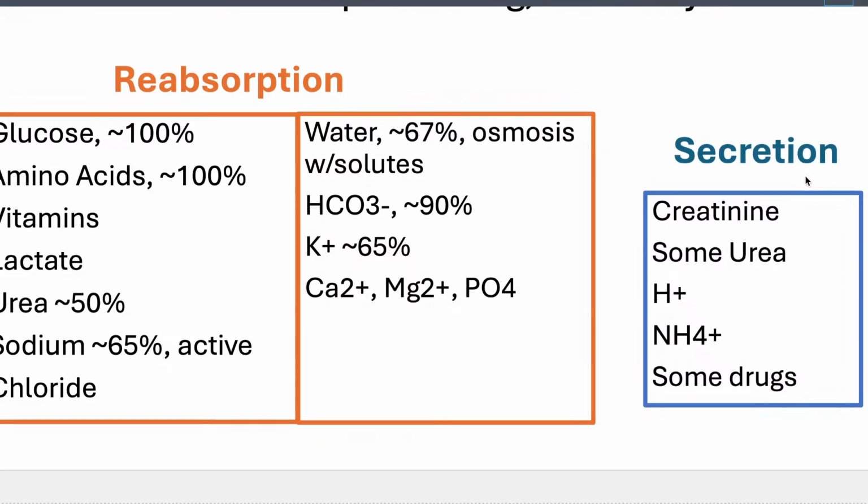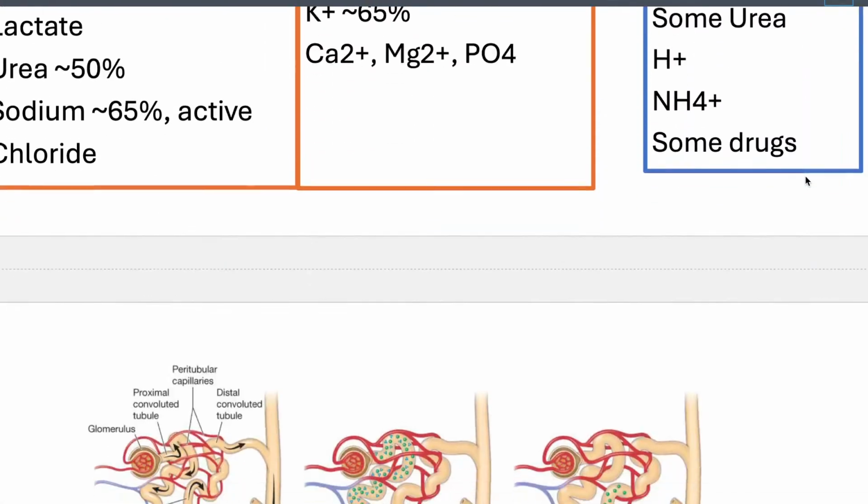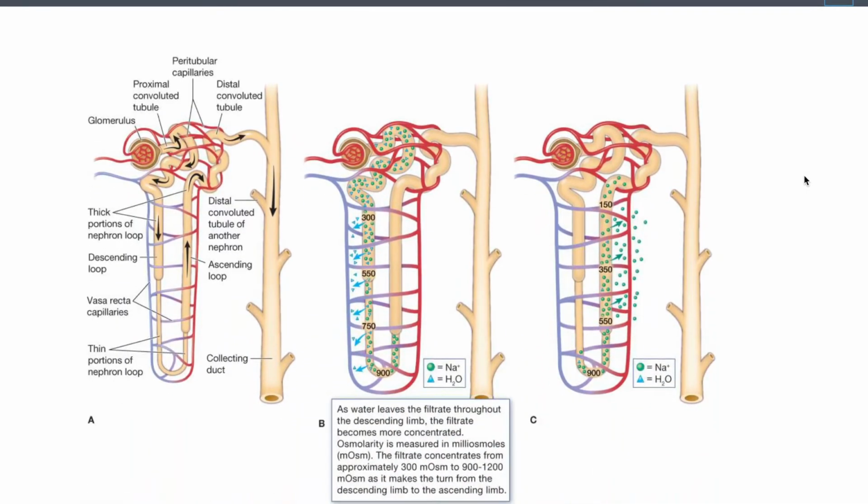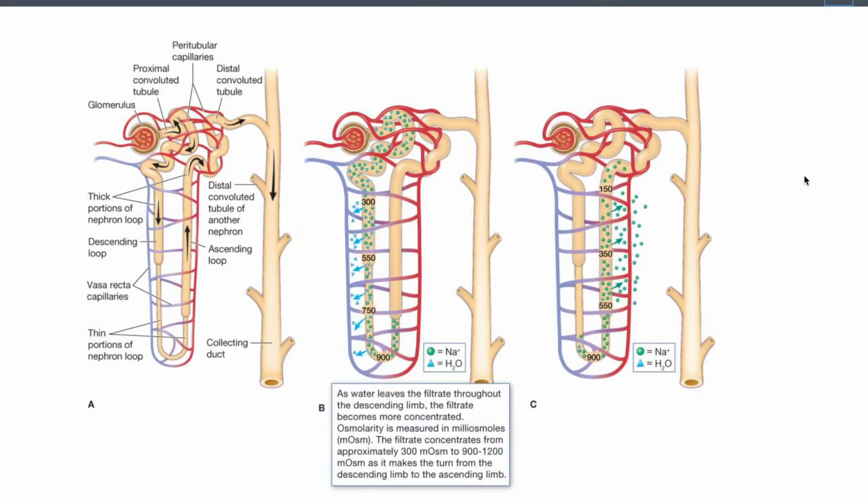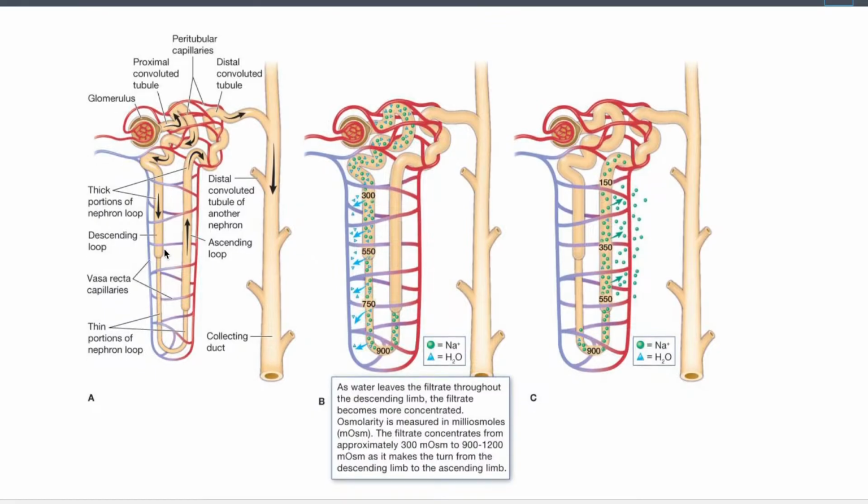All right, so now we got that done for the proximal convoluted tubule. Let's keep on going. Now we're going to go into the thick portions of the nephron loop, and then we're going to go descending loop. As water leaves the filtrate through the descending limb, the filtrate becomes more concentrated.